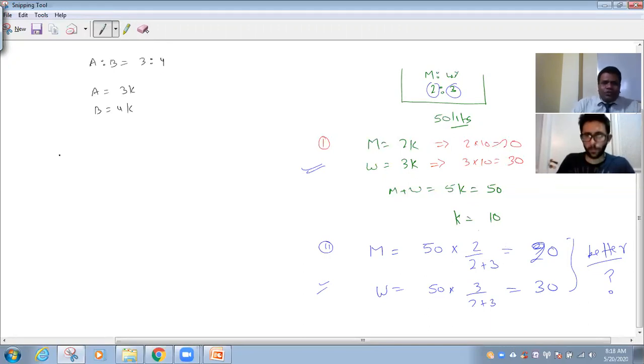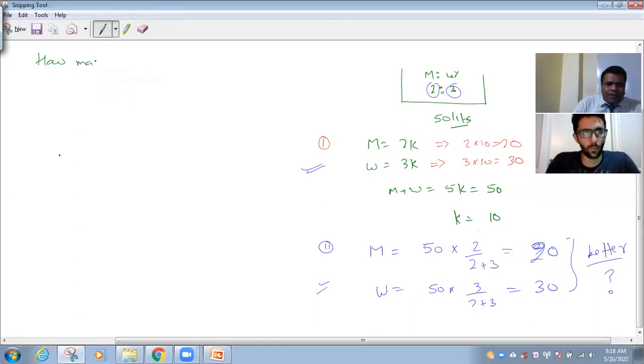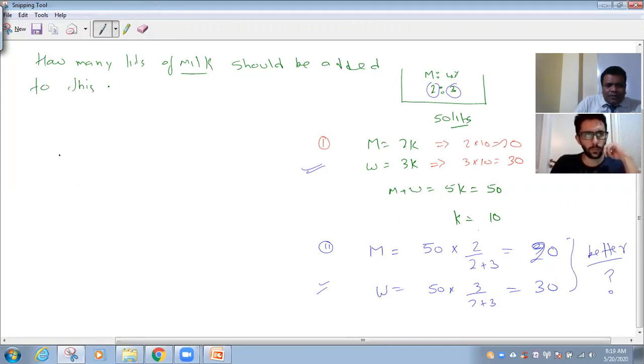Now, a simple question to you. How many liters of milk should be added to this solution to get an equal ratio?